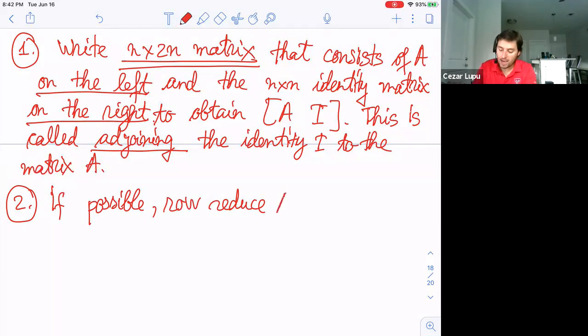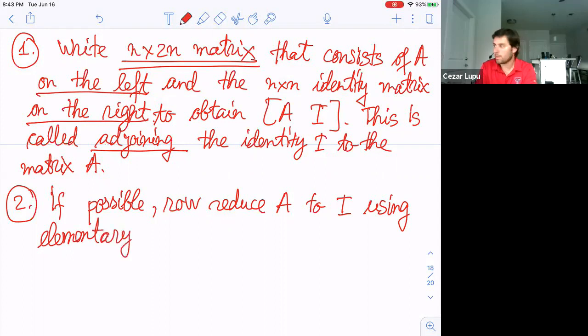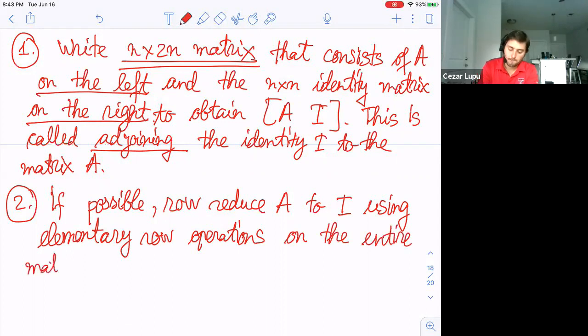So row reduce A to the identity, using elementary row operations on the entire matrix A | I. So that's what I'm going to do.